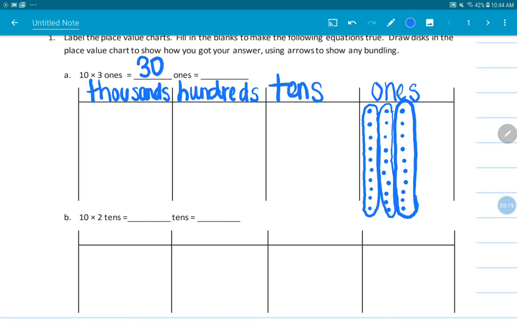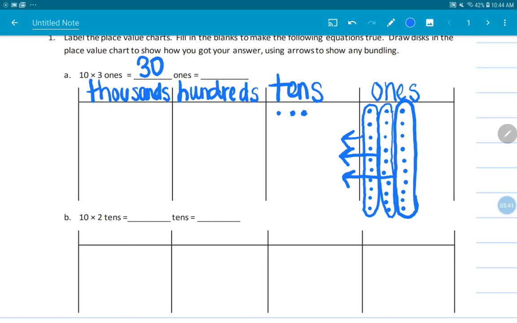So just like Jaden said, I'm going to use an arrow to move my first group of 10 over to my tens place value. I'm going to move my second group over, and my third group over.